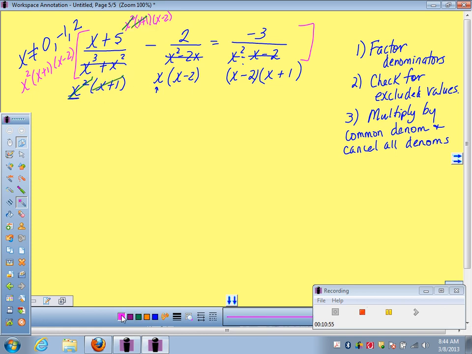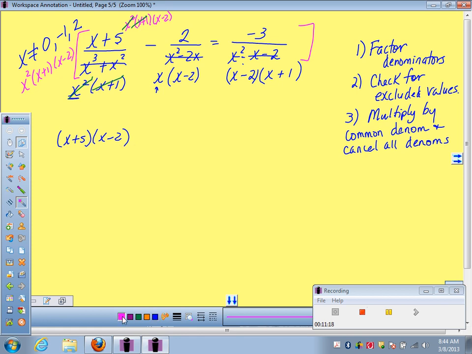So, eat up one extra line of paper and save yourself a disaster. Write down, what do I have left? x minus 2 and x plus 5. Those are the two terms I have left. I'll come back and FOIL them together later. Right now I'm just worried about canceling my fractions.